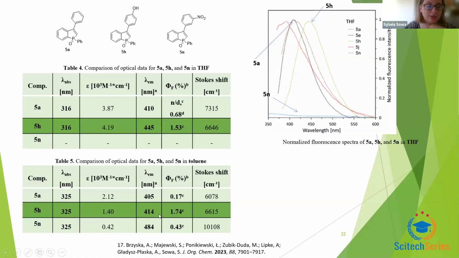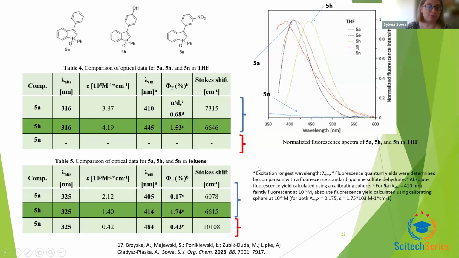However, we can also see that those two compounds, 5A and 5H, differ from 5N, which has a very high value of Stokes shifts, and those have very similar values, no matter if we are in polar or in more non-polar solvent.